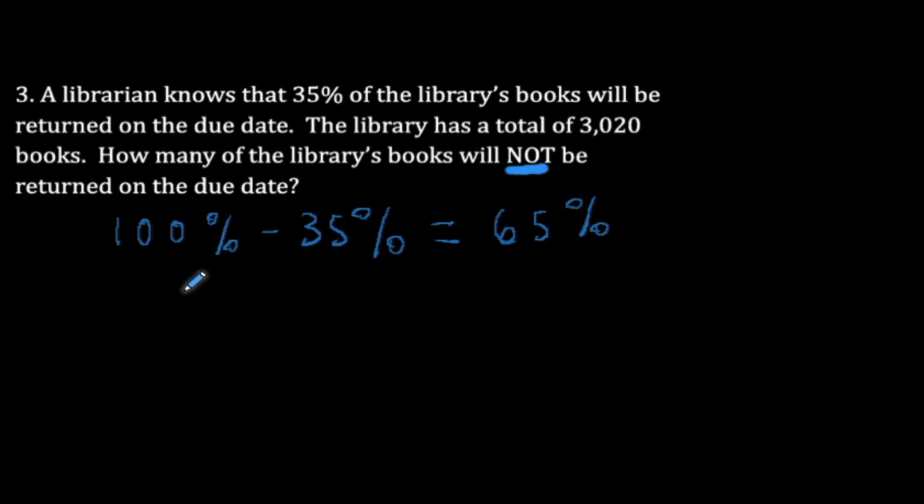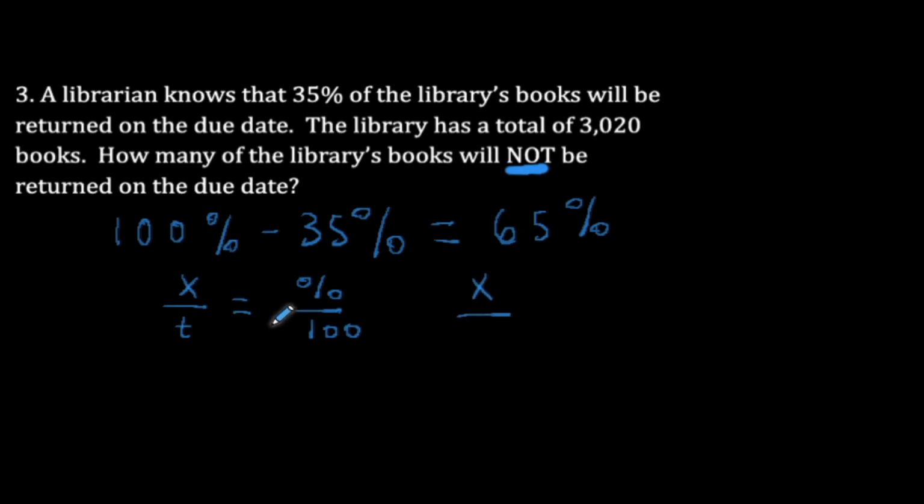So I mentioned that we need to set up a proportion, so let's go ahead and do that. So the standard proportion is X over total, or X amount of dollars, is equal to percent over 100. So what do we do with this proportion? Well, we fill in what we do know, okay? So here we have X, which we still do not know because we have to find out how many books will not be returned on the due date.